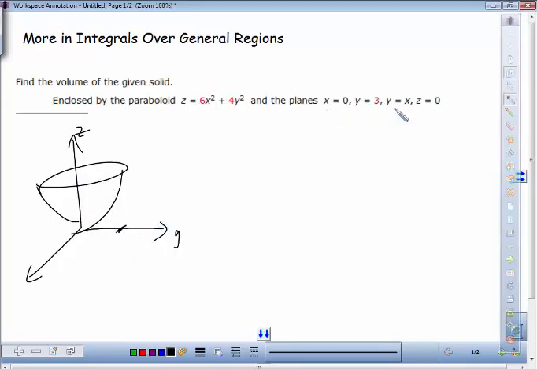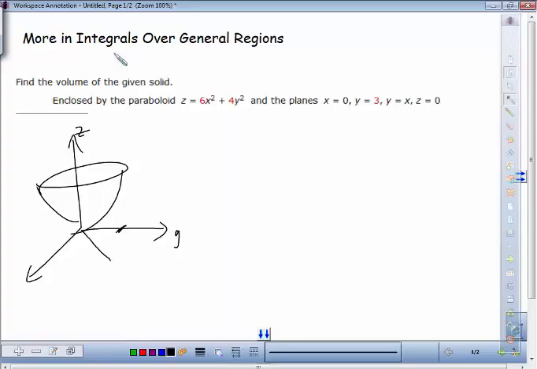And x equals y. What does x equals y look like? X equals y has no z in it, so it'll be like the y equals x line on the xy plane, but then it gets swept up along the z.